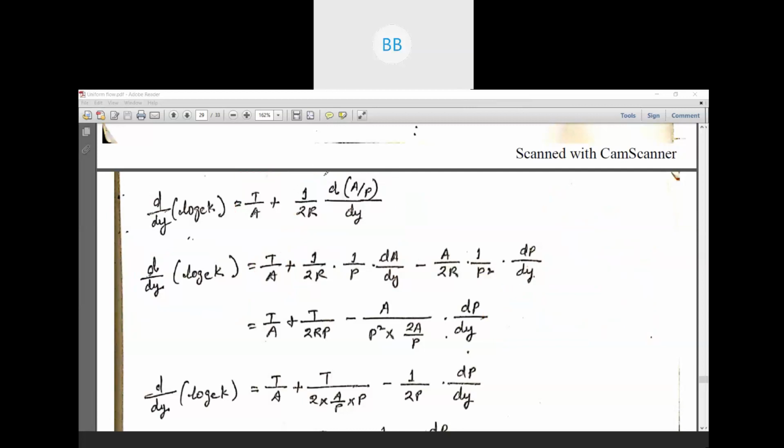After you differentiate, this will be your constant. 1 by twice square will be there, so that is why in this term also we have 1 by twice here.